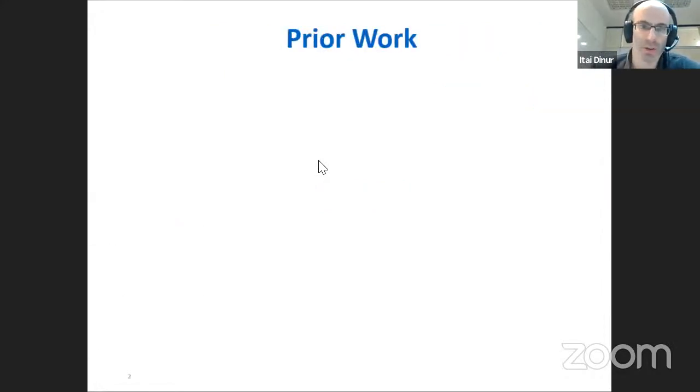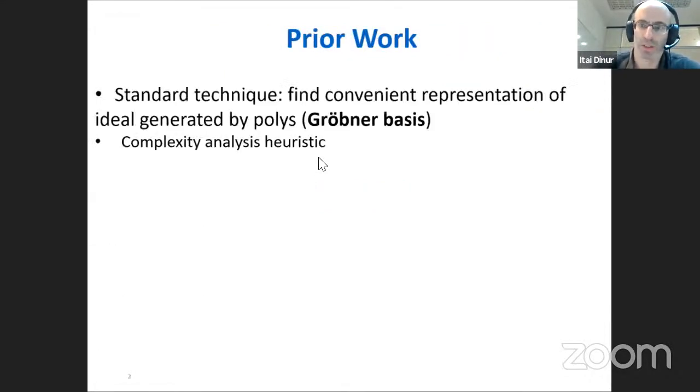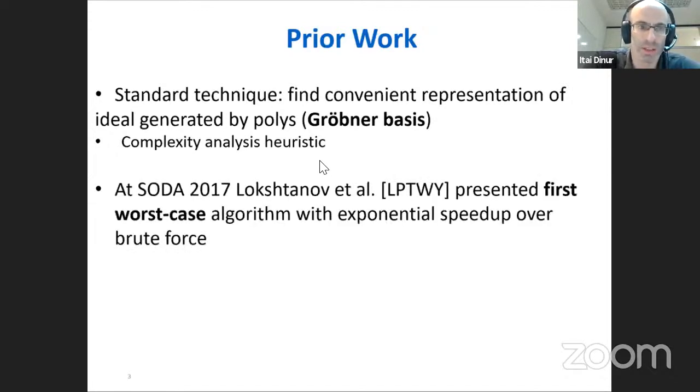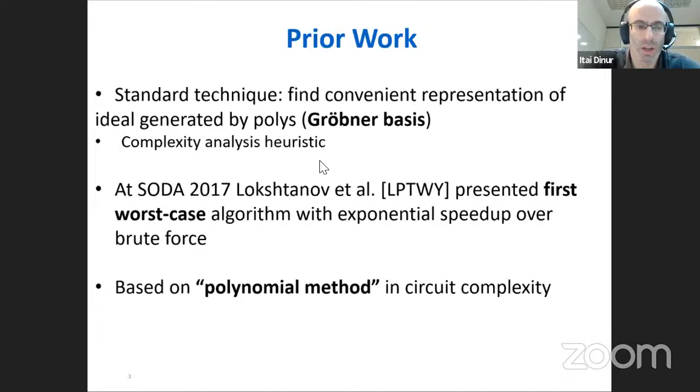Standard techniques for solving polynomial systems are based on Gröbner bases, and they are typically heuristic. However, in 2017, Lokshtanov et al. presented the first worst-case algorithm with exponential speedup over brute force. This algorithm is based on the so-called polynomial method in circuit complexity, which was originally introduced for proving circuit lower bounds.